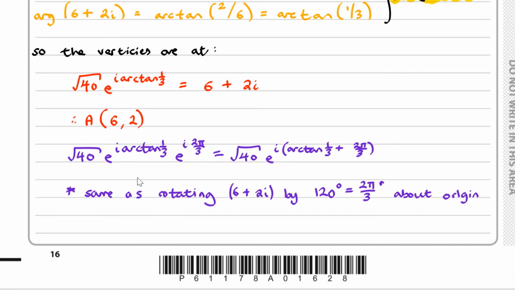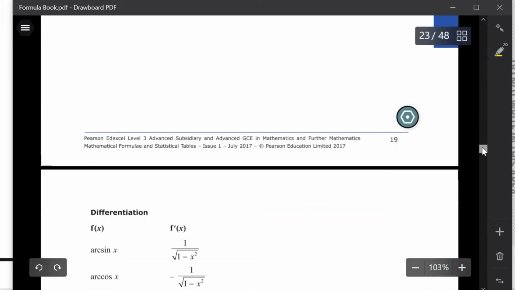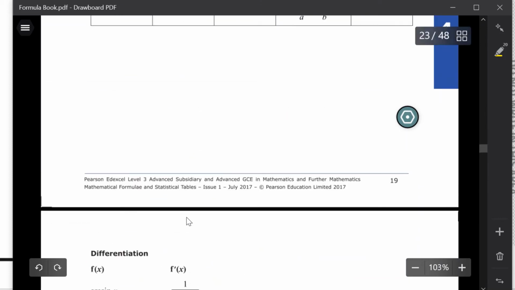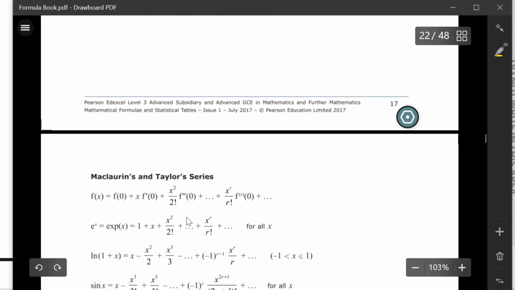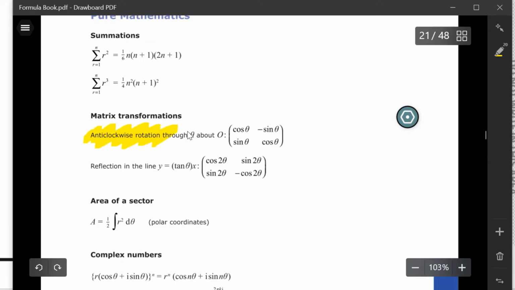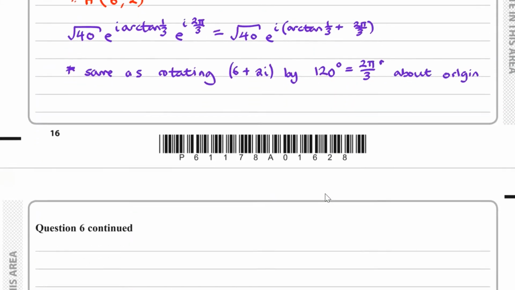So, for us to rotate a point about the origin, if we go back to our formula book under the matrices section, here, when we rotate something anti-clockwise, we'd have to use this over here. So it's quite complicated to do this, but this coordinate would have to rotate by 120 degrees.